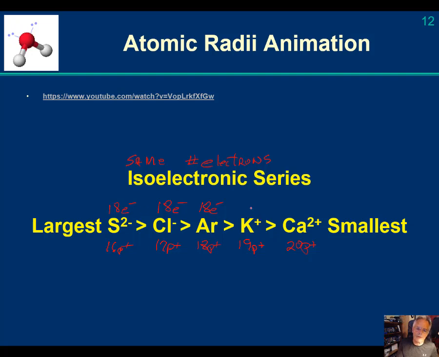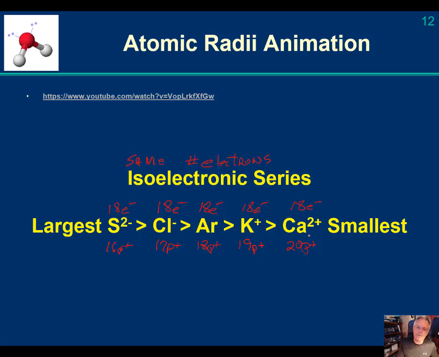I think you can see the way this is going to go. Here we have given up one electron for potassium. It goes from 19 electrons as an atom to 18 electrons as a cation. Calcium's going to give up 2. It goes from 20 electrons as an atom to 18 electrons as a cation.